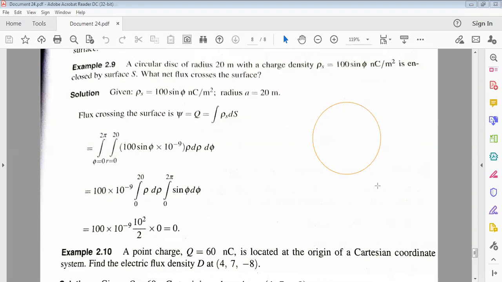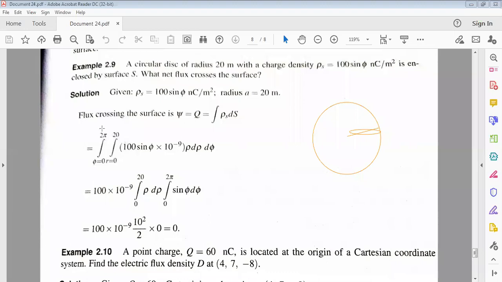The range of the angle is 0 to 2 pi, and the radius is 20 meters, so rho goes from 0 to 20. Remember that point.